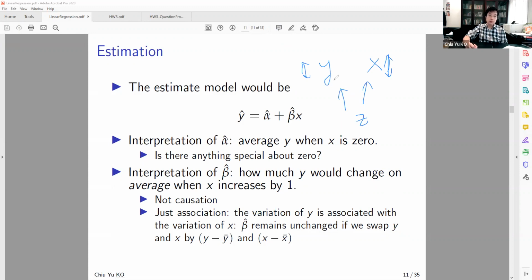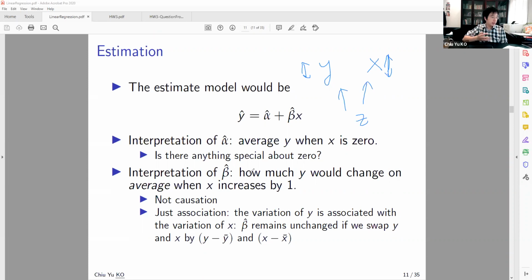So it doesn't mean that increasing X will lead to a change in Y, but that if you observe a change in X, there will be an associated change in Y. That is the idea. This is not enough to say causality. You need more evidence.